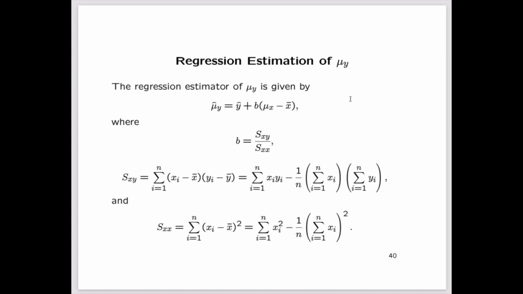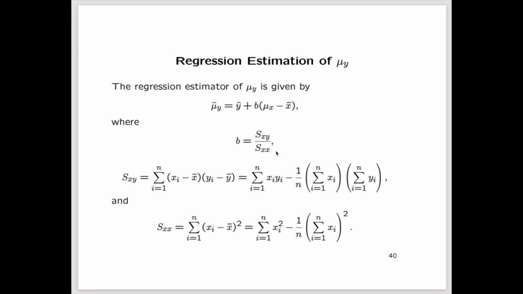Now, the regression estimator of mu sub y is given by the following formula. Mu hat sub y is equal to y bar plus b times the difference between mu sub x and x bar. And again, I see I have a y hat here. That should be a y bar, so that's just the average value of the y's. Now, the value b is equal to the ratio of s sub xy divided by s sub xx.